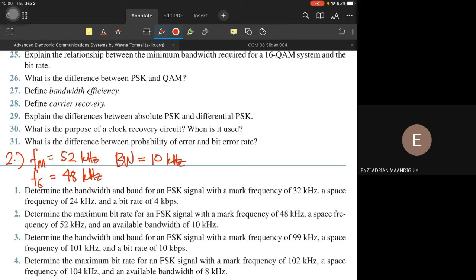Solve for the bitrate. Determine the maximum bitrate. Yeah. Okay. Would you like to guess?